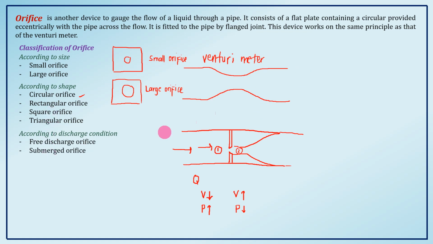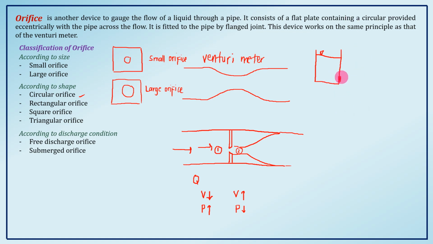Bigay tayo ng tank. So, let's say we have a tank. So, we have a tank na filled with a liquid. Then, we are asked to solve for the Q kapag nag-install tayo ng orifice at the side of the tank. So, kapag meron tayong attached na orifice at the side of the tank, ano mangyayari?